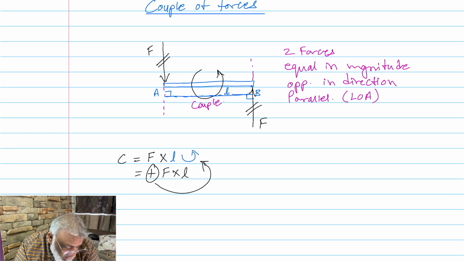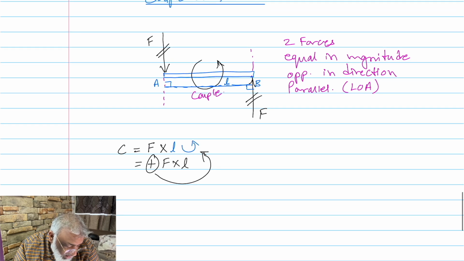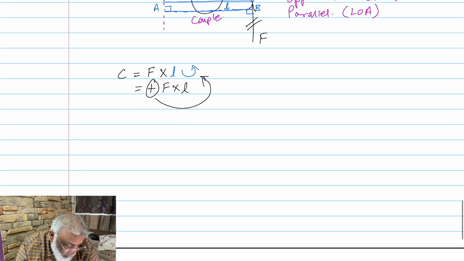So since it's rotating anti-clockwise, we'll get a plus couple having the value F into L. Only one of the forces we will take and multiply it by the perpendicular distance between the two forces. So that is a couple.